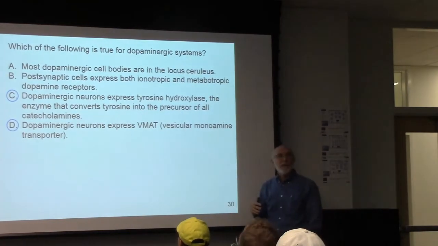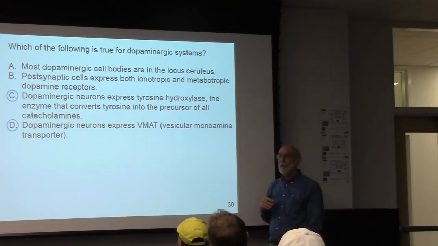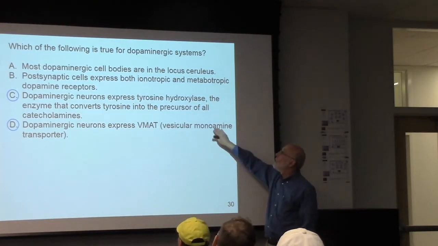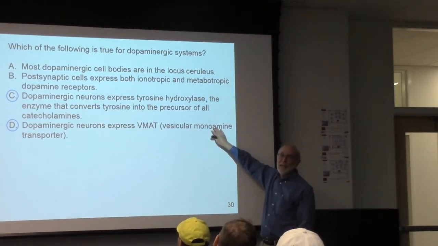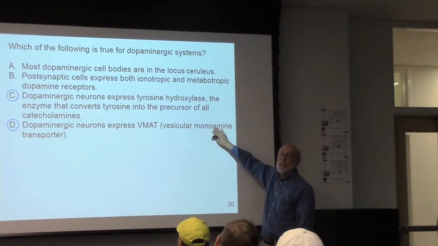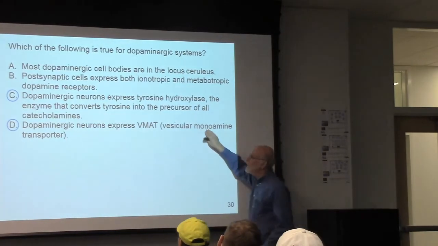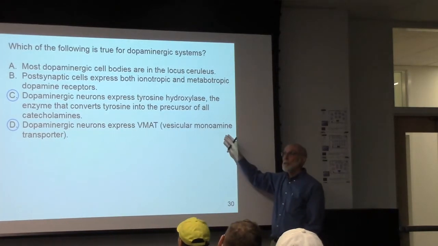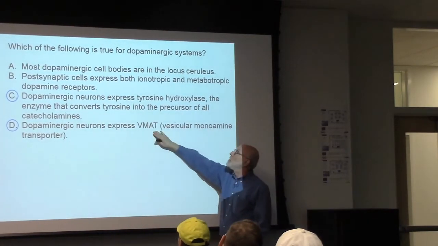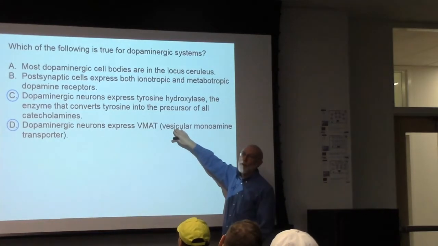Are catecholamines monoamines? Yes. That was the key bit here, knowing that dopamine is a catecholamine and dopamine is a monoamine. And monoamines are reuptaken into vesicles by a vesicular monoamine transporter.